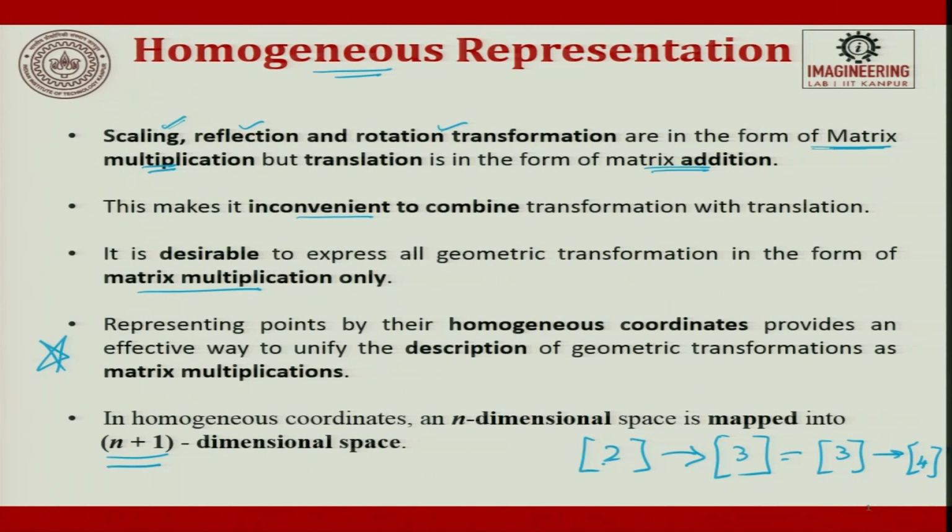For a 2 dimensional case, you write it in a 3 cross 3 matrix. When you have a 3 dimensional object, you write it in 4 cross 4. That is what it is. So here we are converting into matrix multiplication form.